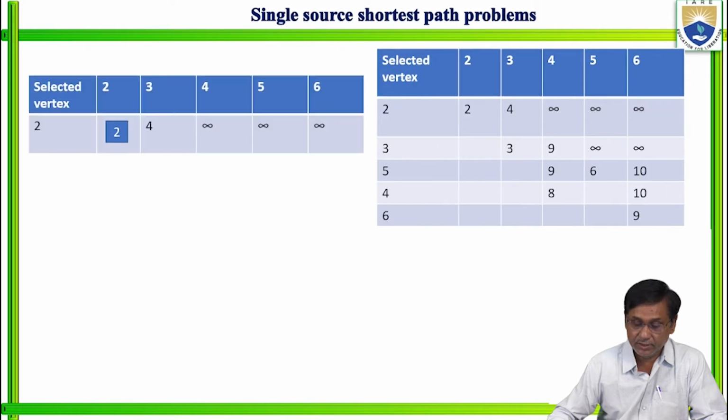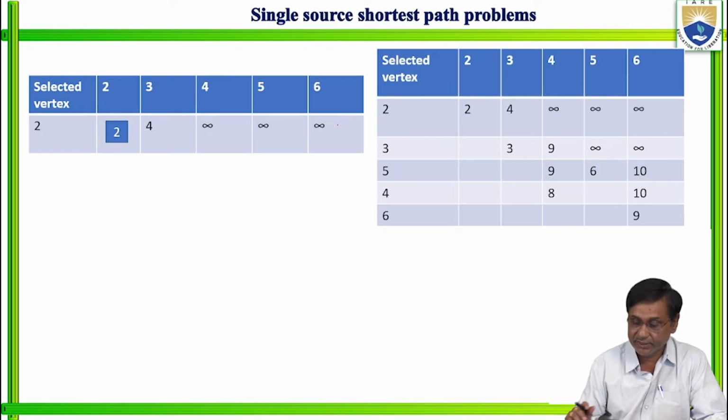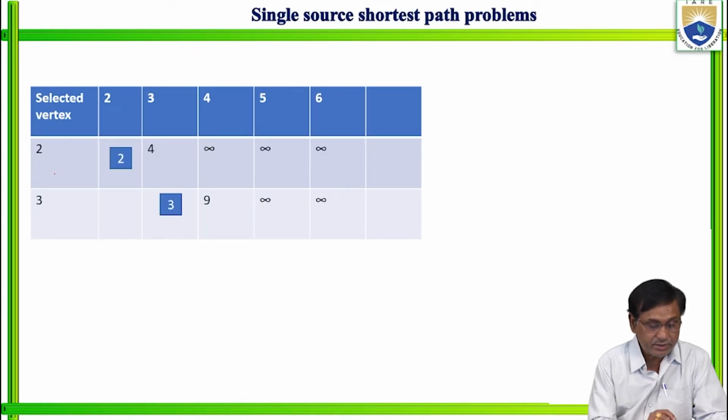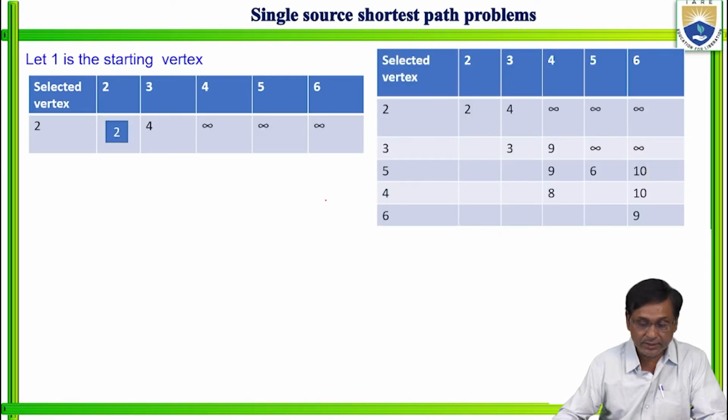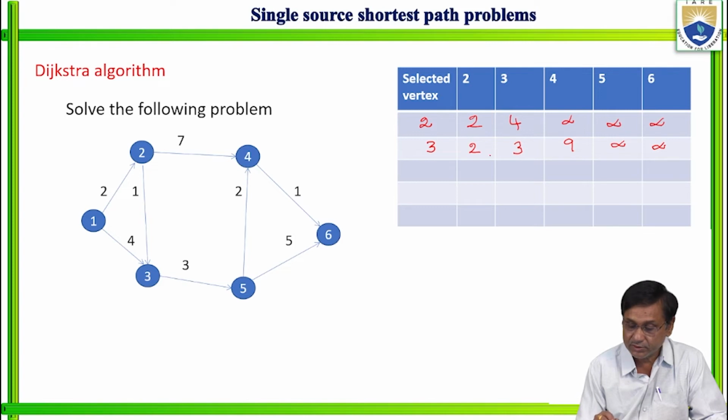So that can be shown here. In the first step the selected vertex is 2, that is 2, 4, infinity, infinity, infinity. In the next case, we calculated the minimum values; the 2 is already selected. This is 3, this is 9, this is infinity only. Then coming to the next, the lowest is now 9.